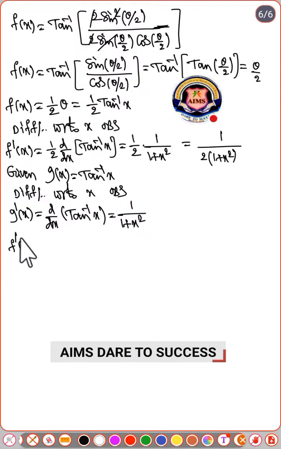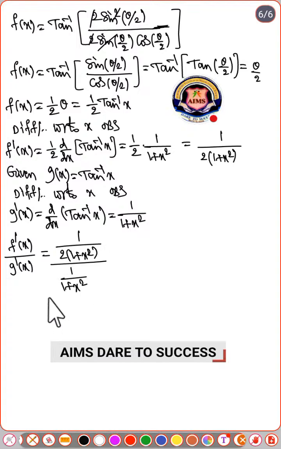Next, the derivative of one function with respect to another function means f dash of x by g dash of x. What is the f dash of x value? 1 divided by 2 into 1 plus x square, whole divided by the g dash of x value, which is 1 divided by 1 plus x square. Here 1 plus x square and 1 plus x square get cancelled.